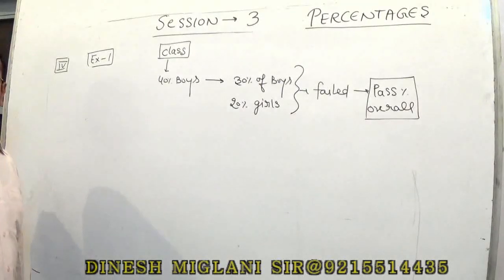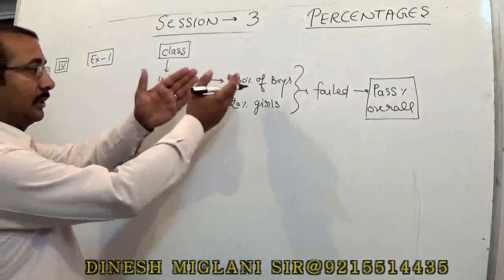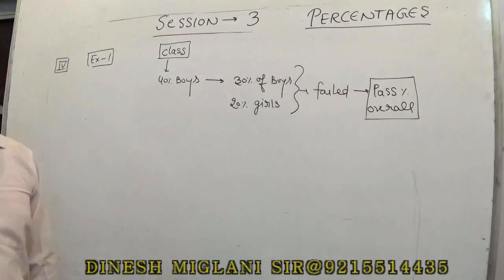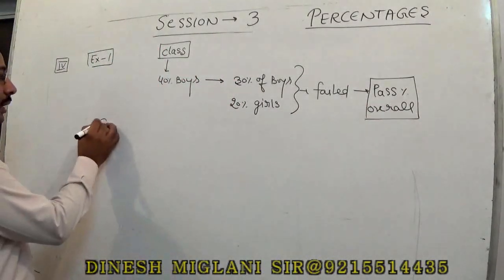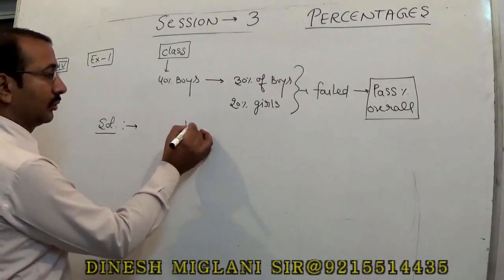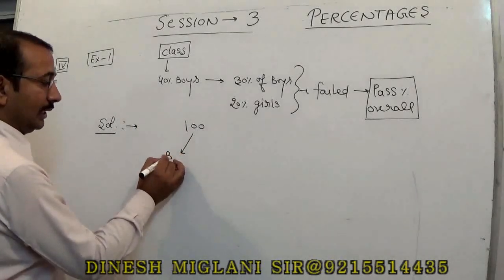So how you can go for these questions? Just try to have a look over the question. Everywhere percentage is given, and the answer has to be also found in terms of percentage. Suppose there are 100 students in a class. 40% are boys. It means boys are 40.